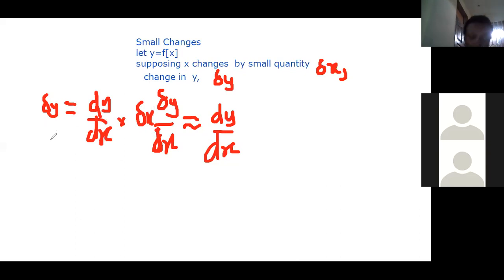So we are saying that, let y equal f of x. Now supposing x changes by a small quantity. Then if there's a slight change in x, that is going to affect y too. There will also be a slight change in y because y is equal to f of x. As a result, we want to find the approximate value for the smaller change in y, because we've been given that there's a small change in x.